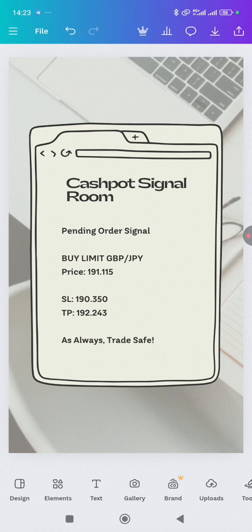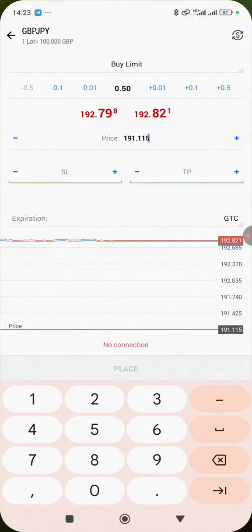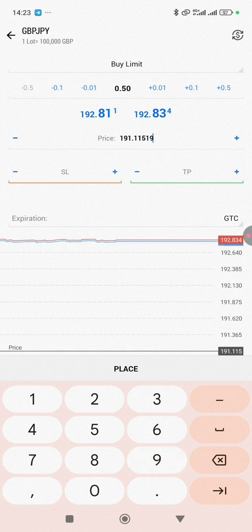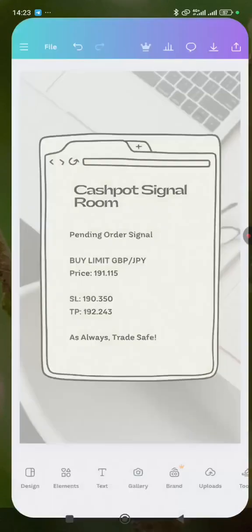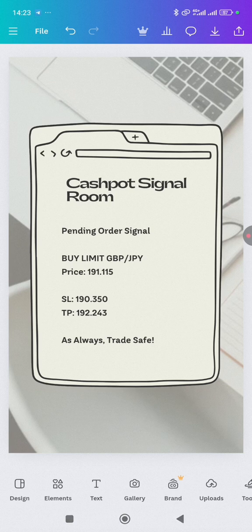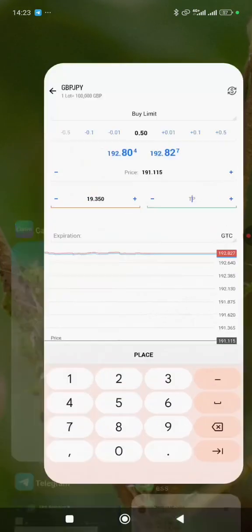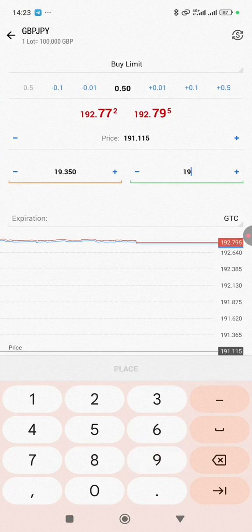So all you need to do is just set your stop loss to 190.350, and then if the price rises as I estimated, when you get to 192.243, then you should sell. 192.243. So this is it.